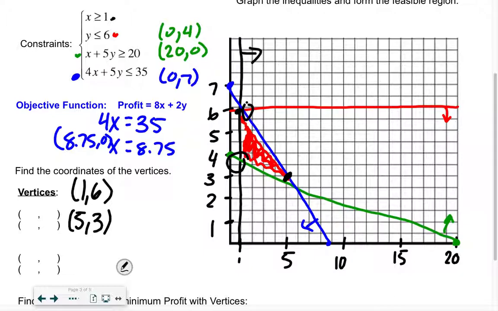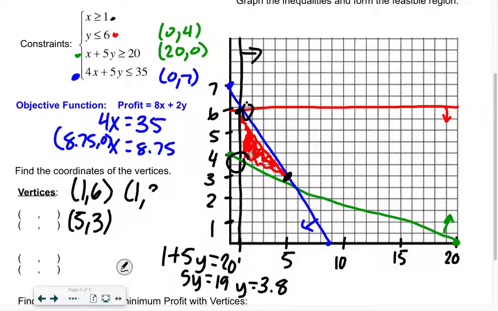So if I have 1 plus 5y, we're just going to go with equals 20. 5y equals 19, so y equals 3.8. So then that means that I have the point 1, comma 3.8, because I said my x was 1. Is that okay?